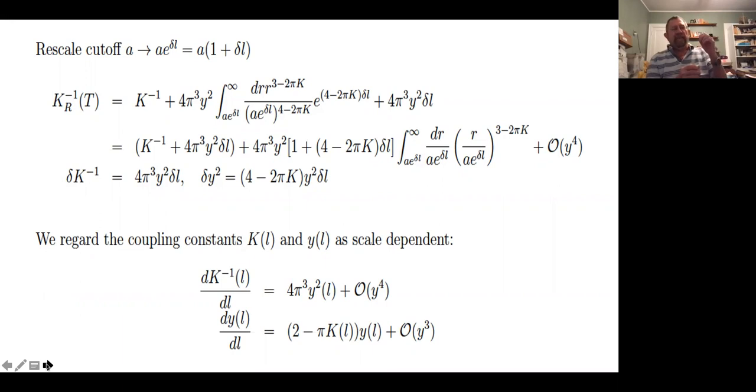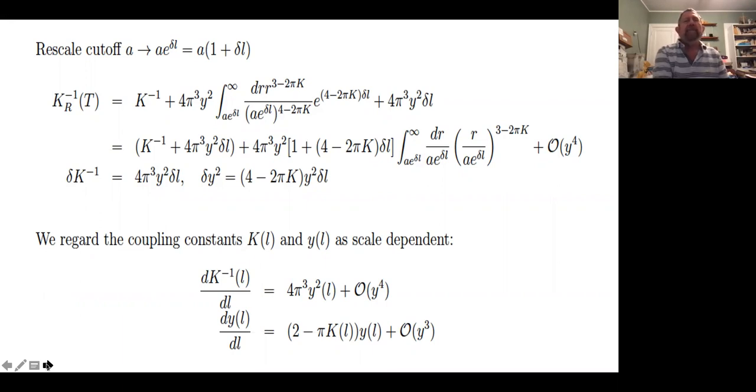To show that, we have to determine what happens to the k in the power, in the r to the 3 minus 2 pi k.